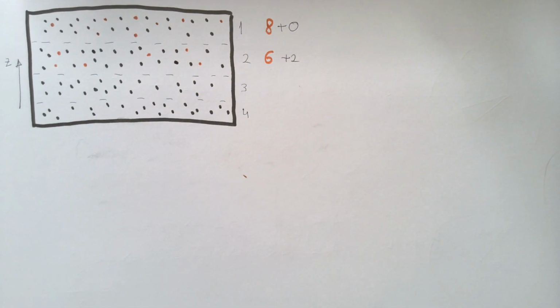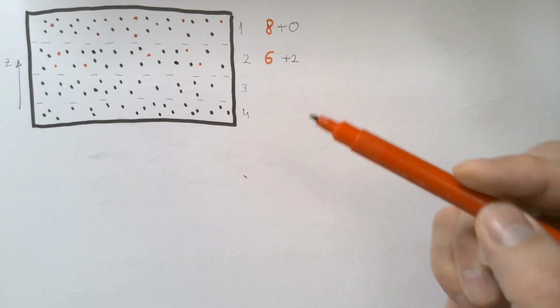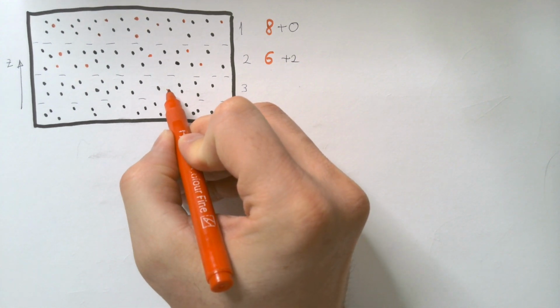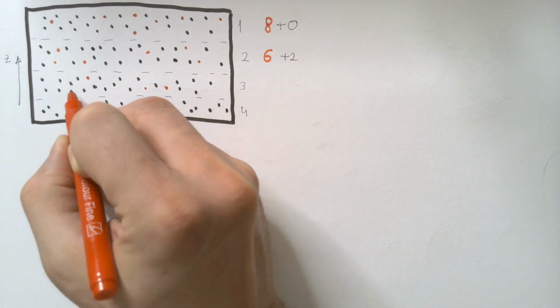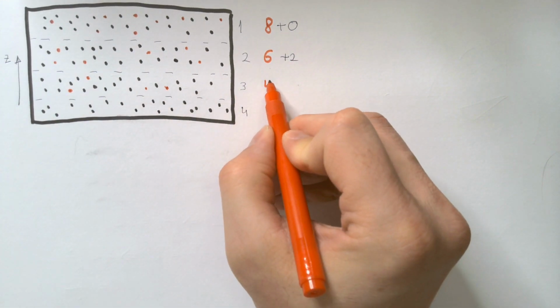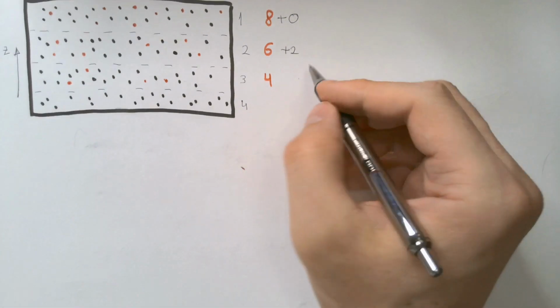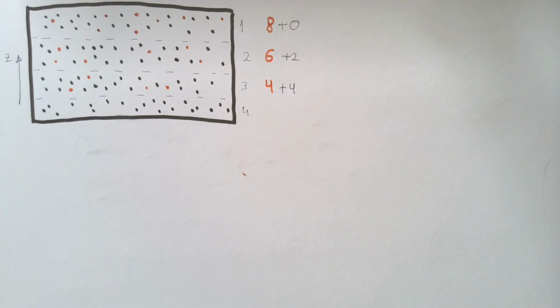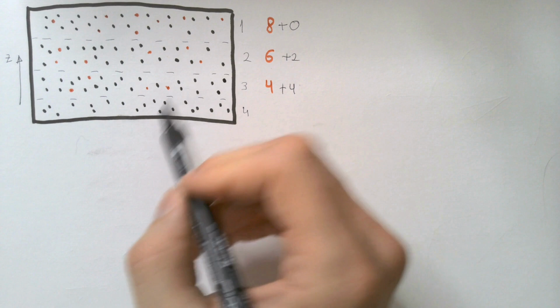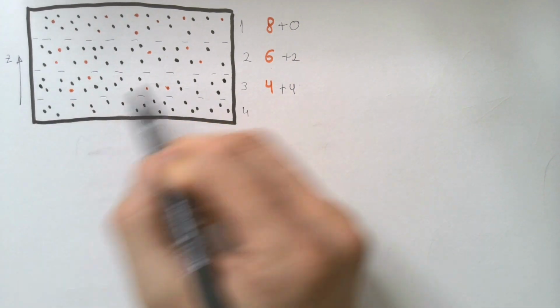So 1, 2. Consequently, I will add 4 red particles over here. 1, 2, 3, 4. So I added 4 red, but then I also have to add 4 black to have the same number of particles. 1, 2, 3, 4.